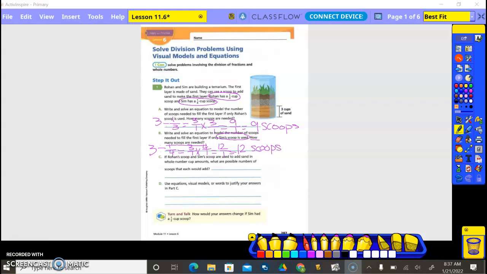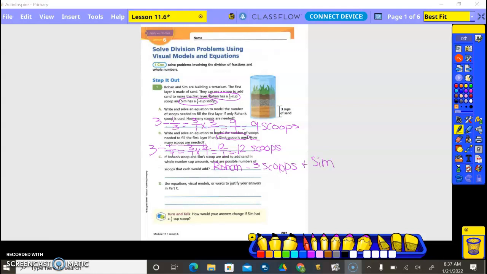If Rowan's scoop and Sim's scoop are used to add sand in whole number cup amounts, what are possible numbers of scoops that each would add? So basically, we could say, if Rowan did 3 scoops, and Sim did what?